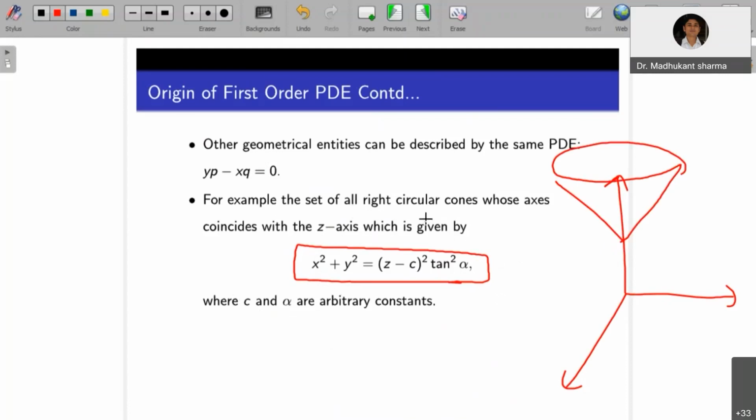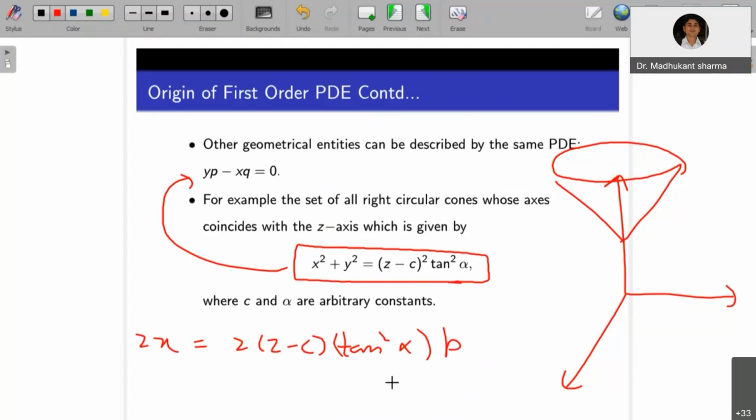Now your job is to verify whether this gives the same equation. For that you proceed in a similar manner. If you differentiate partially with respect to x, you get 2x equals 2 times (z minus c) tan square alpha times zx, where zx is p, so the 2 will get cancelled.